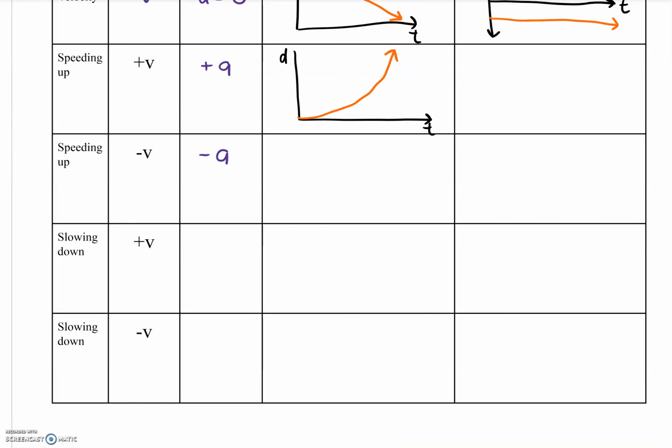Now, what about our velocity versus time graph for this scenario? Okay, so I'm going to go ahead and set up my graph. So what this would look like, if we were to take the slope at various points along this graph, okay, so from the beginning, our slope is flat, but if you notice, the slope starts to increase, and I'm just drawing the slope as a little tangent line to the position versus time graph. So the slope starts low, and then it increases steadily over time.